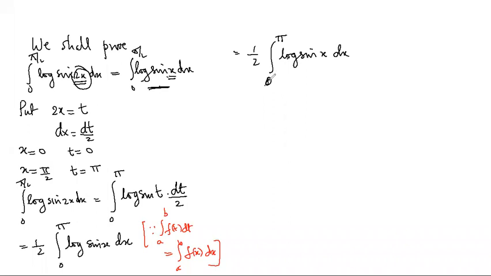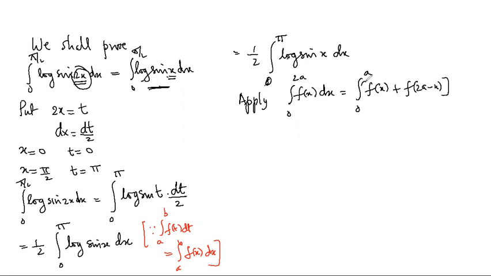So is there any way 0 to pi can be converted to 0 to pi by 2? Yes. Which formula do you have to apply? Integral 0 to 2a f of x dx is nothing but integral 0 to a of f of x plus f of 2a minus x. This property I'm going to apply.